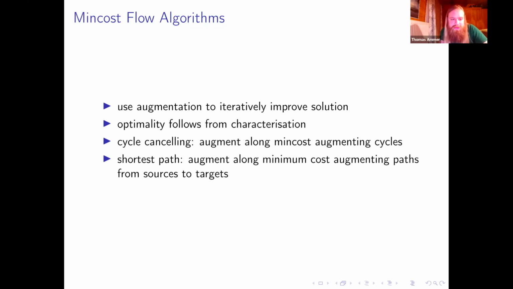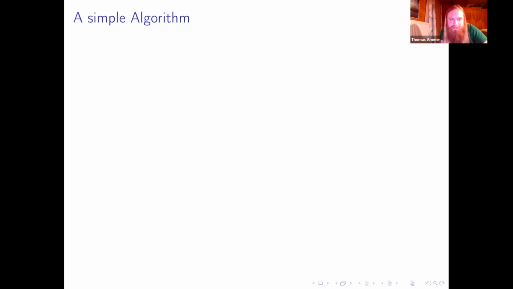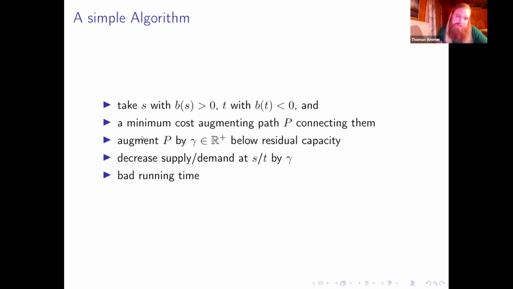So, the simplest algorithm would do the following. It would take a source, which means positive balance. It is supplying flow. It would take a target, which means negative balance, a vertex that is demanding some flow. And then it would find a minimum cost augmenting path leading from the source to the target.